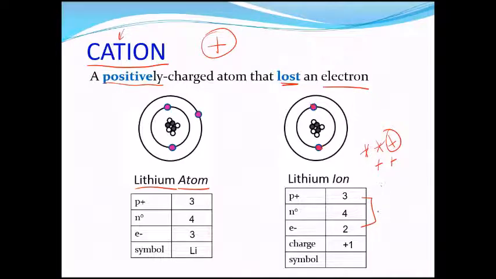So this is a charge of +1. And this is how we write the symbol. It's going to be Li, and then in the superscript, to the upper right corner, you just put the plus. Now, you could put 1 plus, but technically we don't do that. Like for math, do you put a 1 in front of x if it's just 1x? No, it's just x. So it's an understood 1 here, so we're not going to put the number.